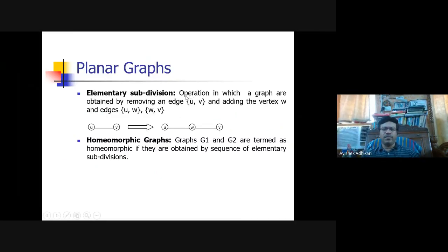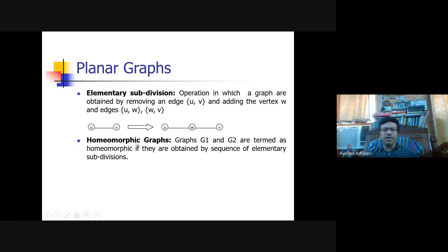So if you look at this operation, in which a graph is obtained by removing an edge, you first remove this edge and add a vertex W in between, and the edges UW and WV. So this operation is known as the elementary subdivision operation.